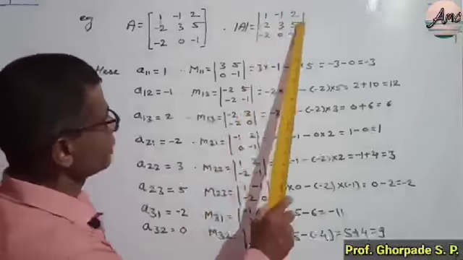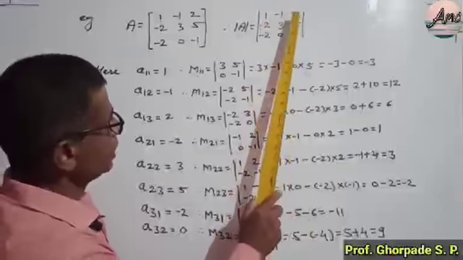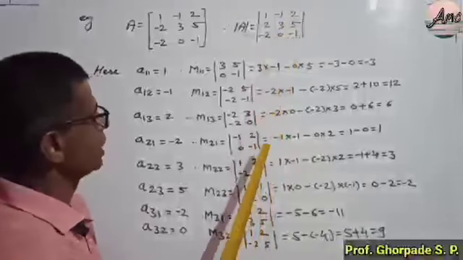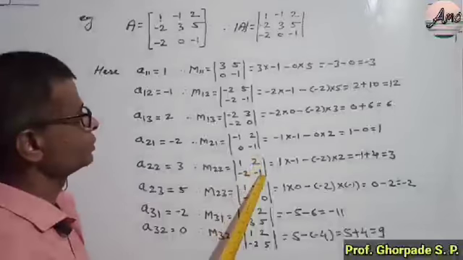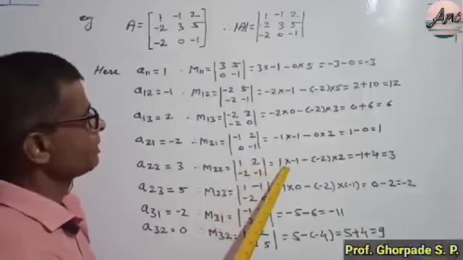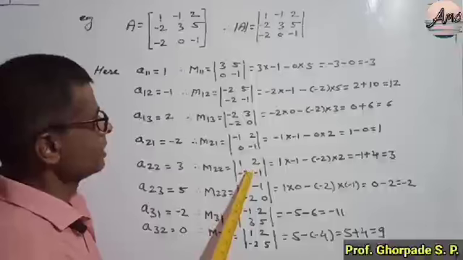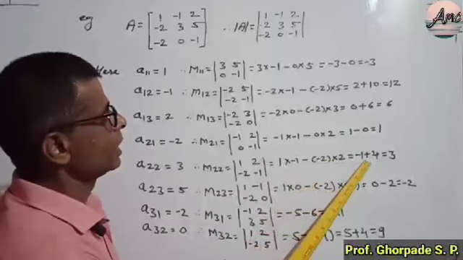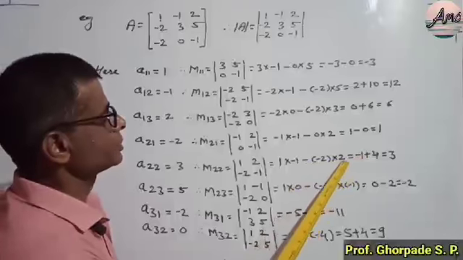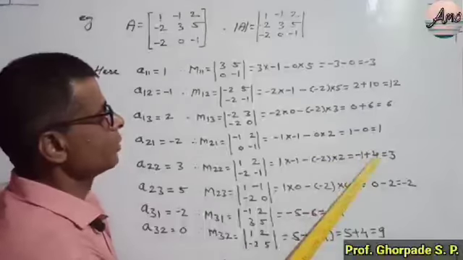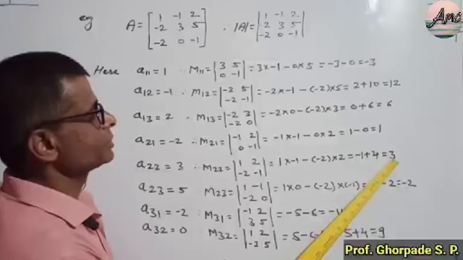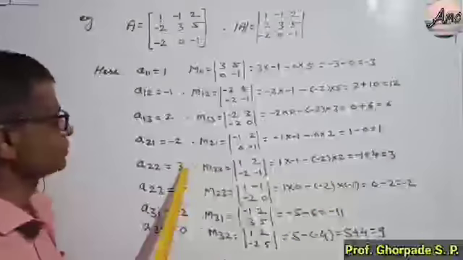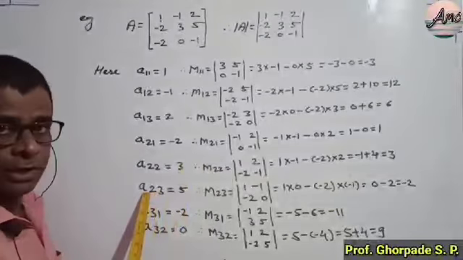If we delete second row, second column, what will we get? 1, 2, minus 2, minus 1, whose value is given by 1 into minus 1, minus of minus 2 into 2. So 1 into minus 1 is minus 1. So minus minus plus, 2 2s are 4. 4 minus 1 is 3. This 3 is the minor of 3.